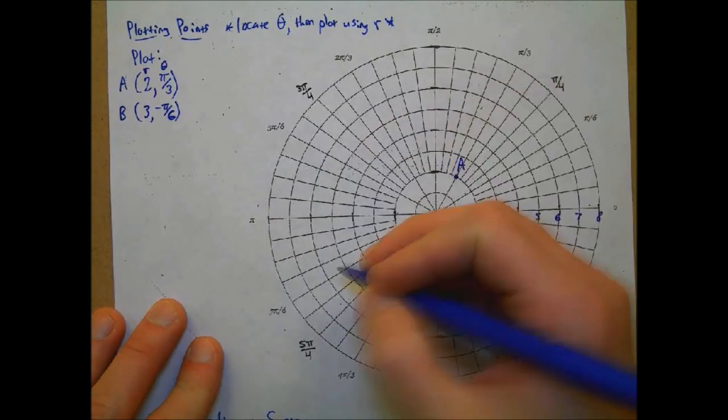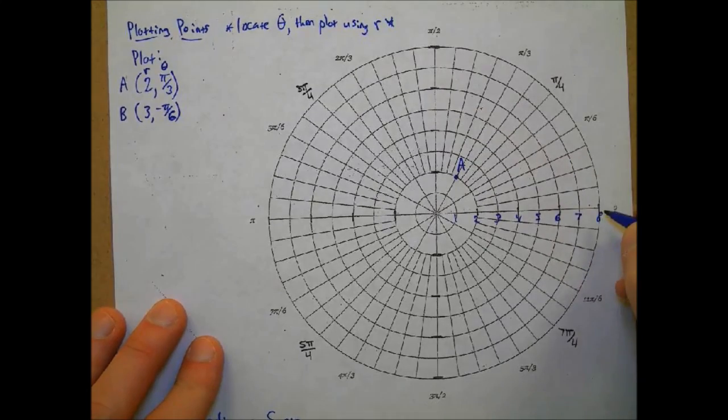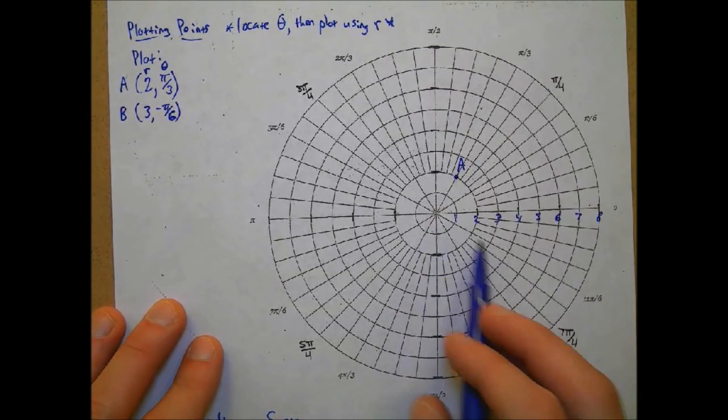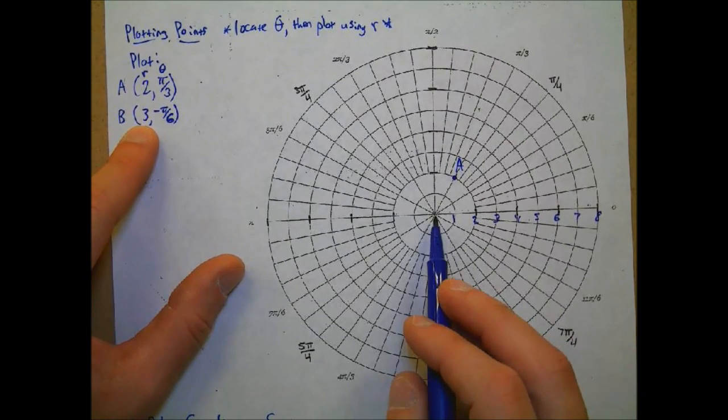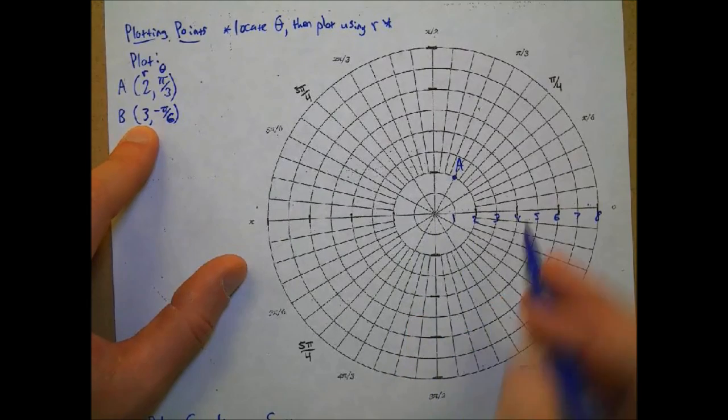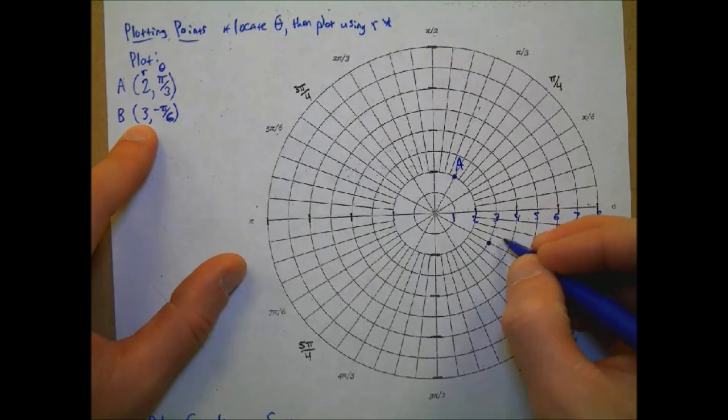So negative pi over 6, we rotate pi over 6 clockwise, which is coterminal with 11 pi over 6. So we're going to be looking at this right here. And again, it's a positive 3 r value, so from our pole, count out 1, 2, 3 rings, and there's our point B.